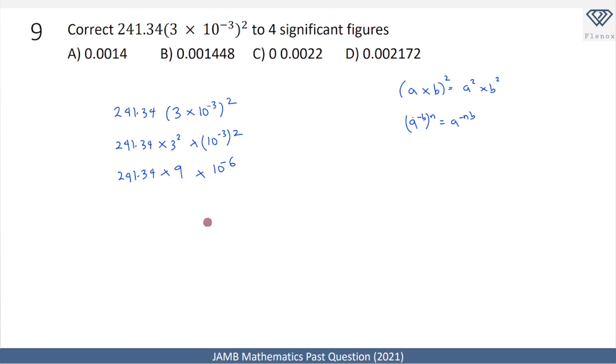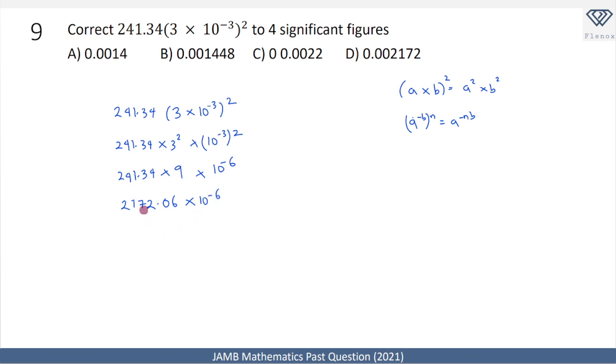Now the next thing your calculator can do is multiply 241.34 by 9, and when you do that, you get 2172.06 then times 10 raised to power minus 6.